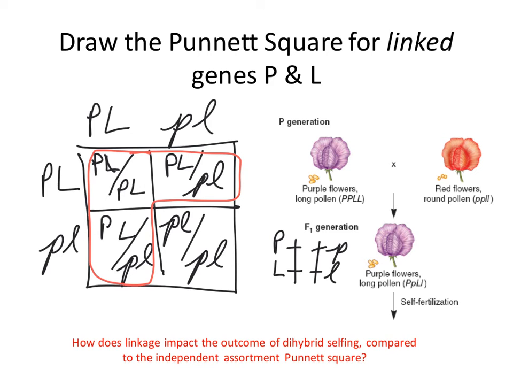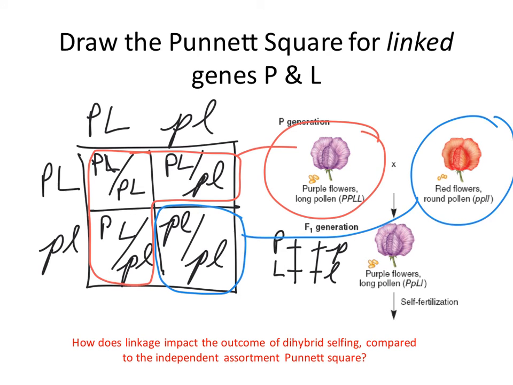Purple flowers with long pollen. Purple long. So that looks like parent 1. What's the other phenotype? Looks like parent 2. Red flowers, brown pollen.